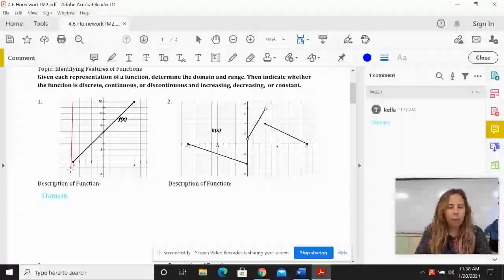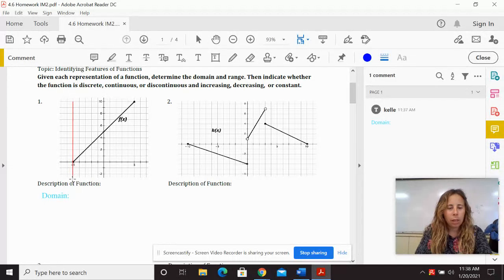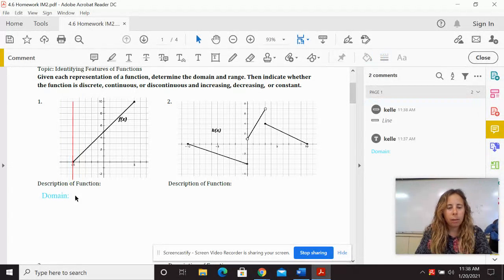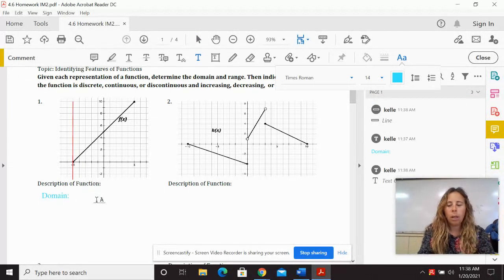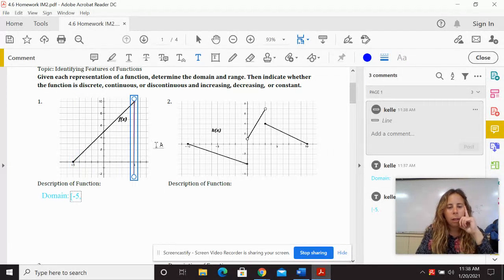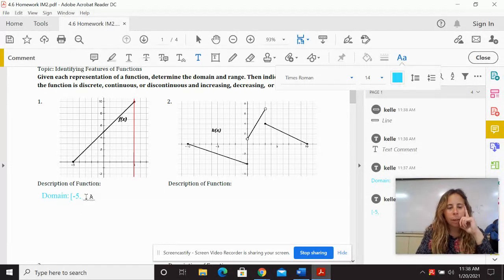My furthest left point is -5, so my domain is going to be bracket -5, and my furthest right point, that's right here, that is +5. So my domain is -5 to 5.